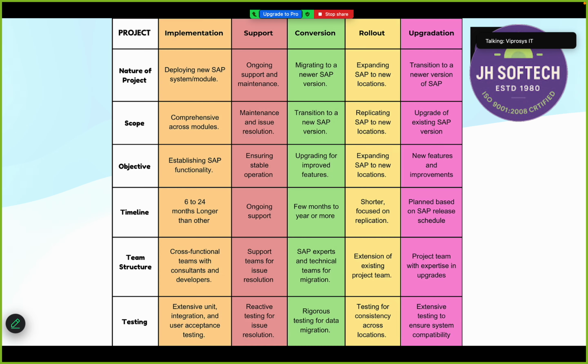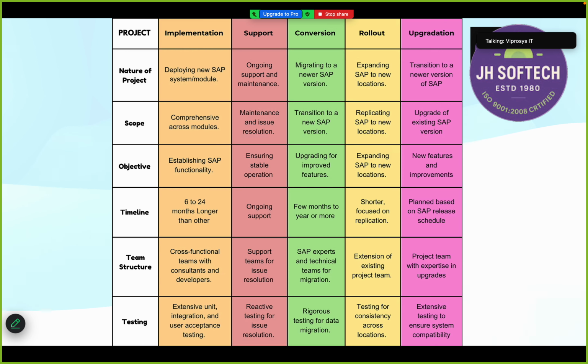But if Torrent Pharma Europe is implemented by Infosys, then Infosys does not consider it a rollout project. It considers it a fresh project, fresh in the sense of again an implementation project. Now an upgradation project is from the old version to the latest version of the software.